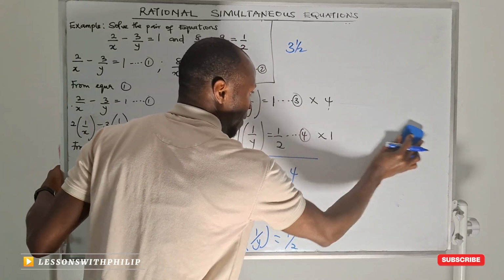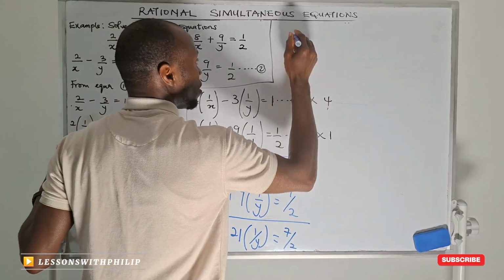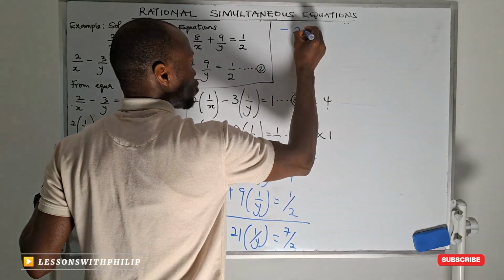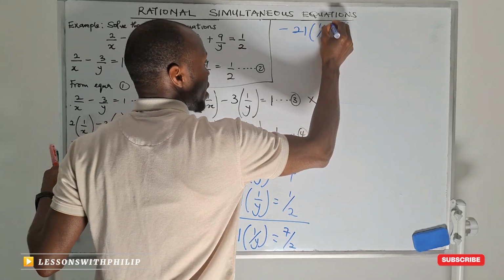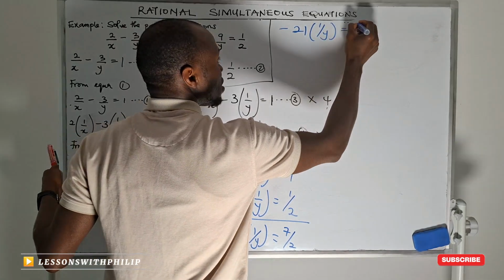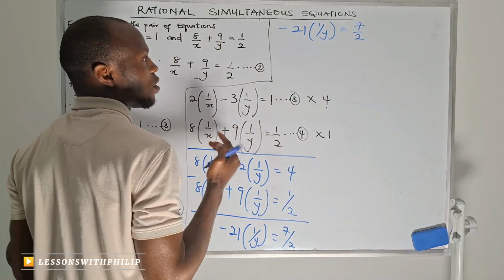Are you following me? So automatically, my minus 21 into bracket 1 over y equals 7 over 2. So what do I want to do?